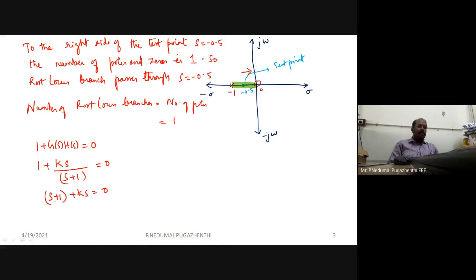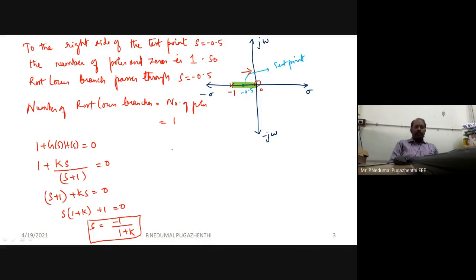I can segregate that as s into 1 plus K, plus 1 is equal to 0. So s is equal to minus 1 divided by 1 plus K. So based on K, how my root is going to vary will be based on this particular relationship.